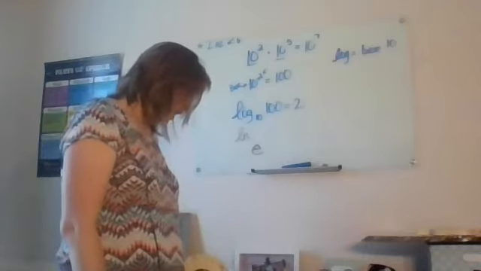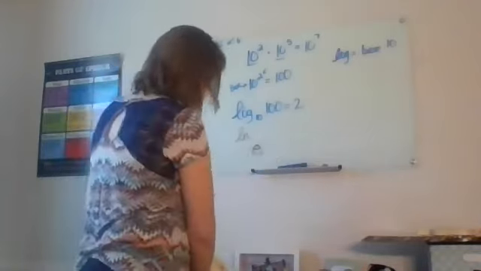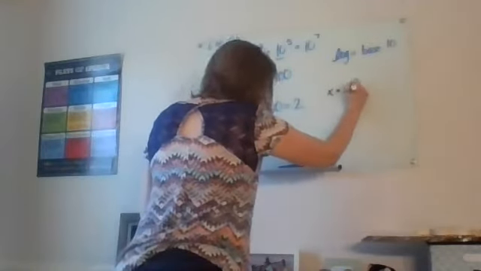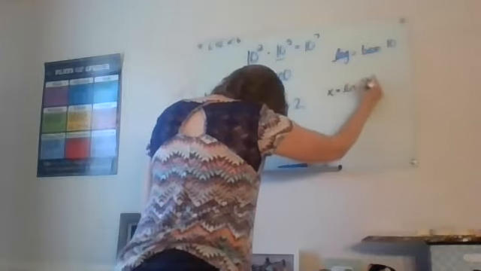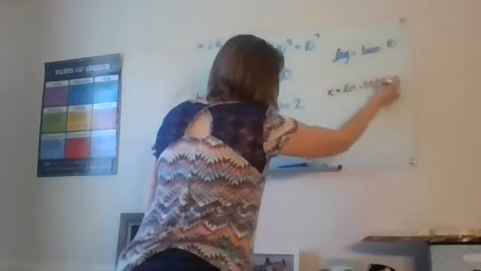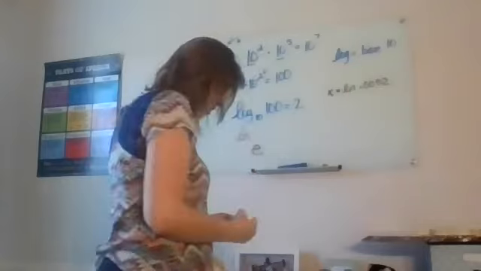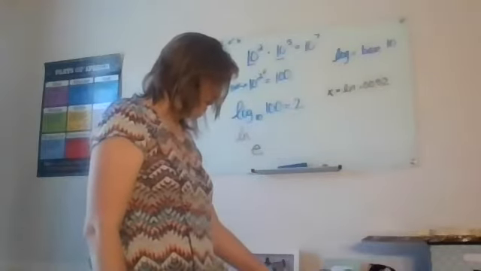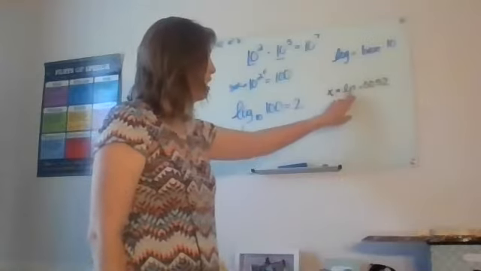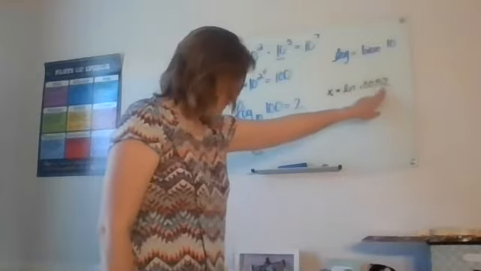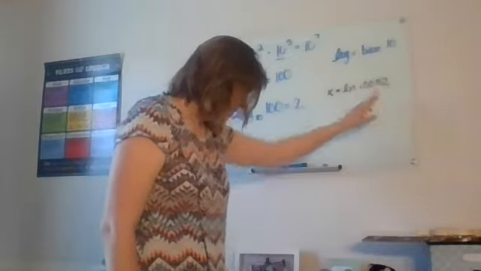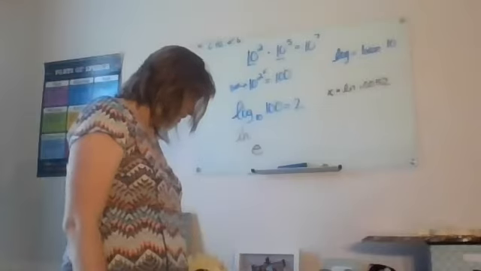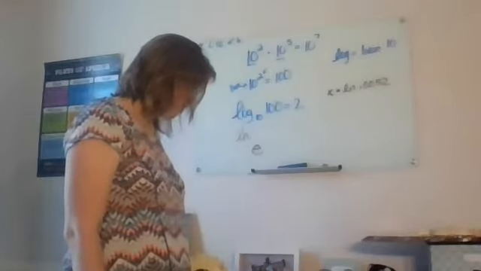All right, so practice A says that we have x equals ln 0.0052. Now, this is the natural log. So how do I solve this? So practice A, if I know that the natural log is 0.0052, then I plug that into my graphing calculator, and I use the inverse of the natural log to solve that, right?